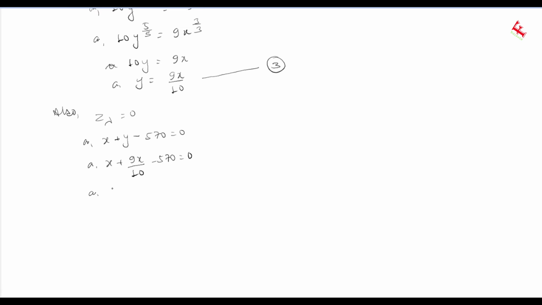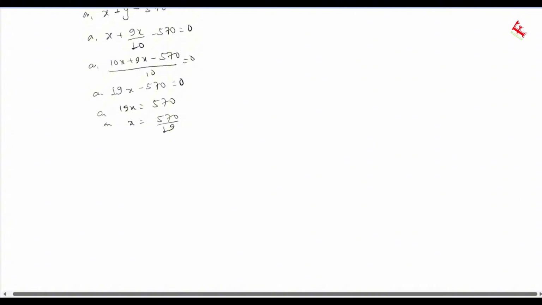While taking LCM, what you'll get is 10x plus 9x minus 570 over 10 equals 0. Now 10x plus 9x is 19x minus 570 equals 0, 10 into 0. Or 19x equals 570, or x equals 570 by 19.